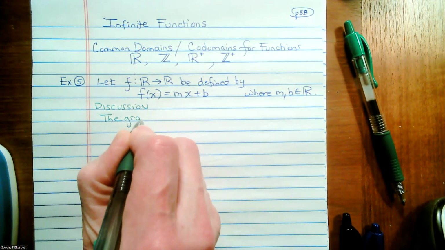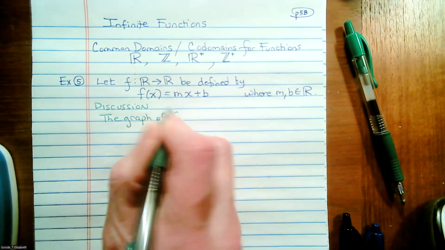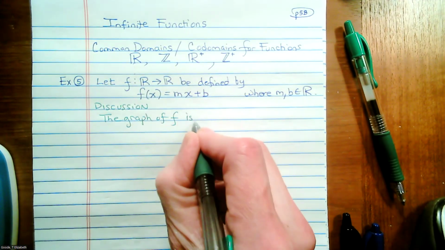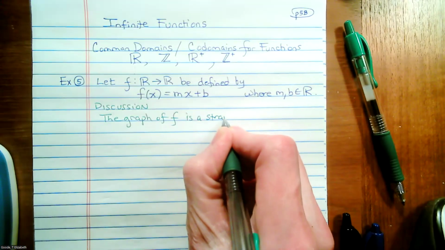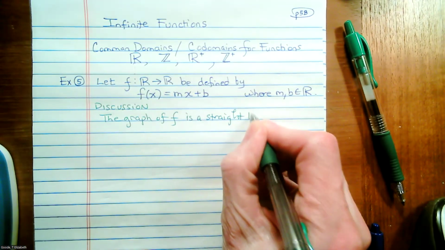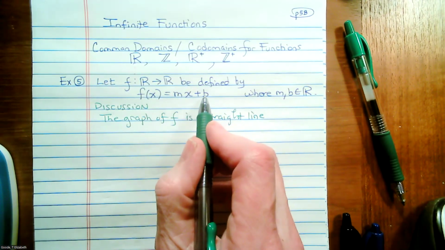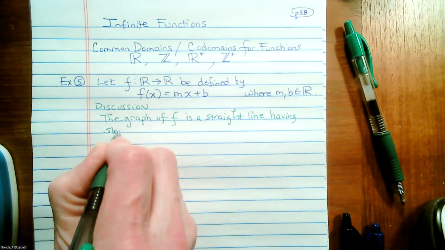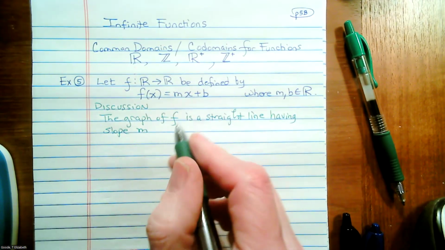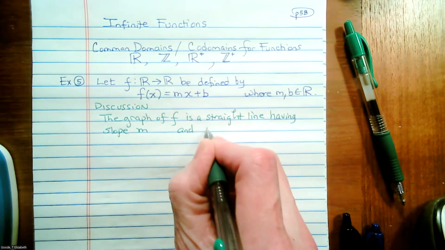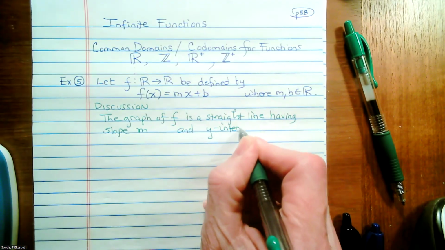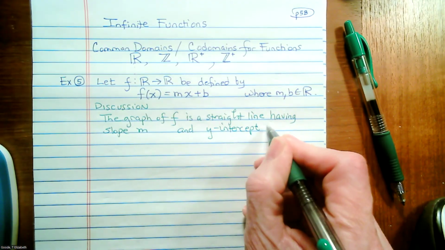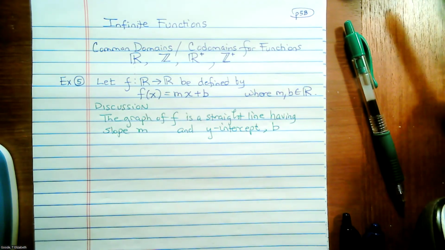So let's have just a little discussion about linear functions, just as a little warm-up reminder. The graph of f when it's a linear function is a straight line. Remember? And I bet you remember what m and b are. Well, m is the slope, the rise over the run, and the y-intercept is b.